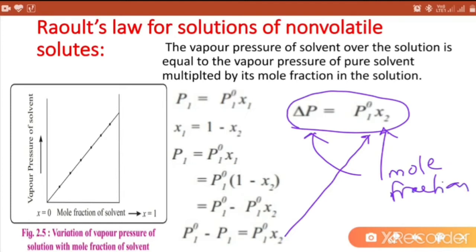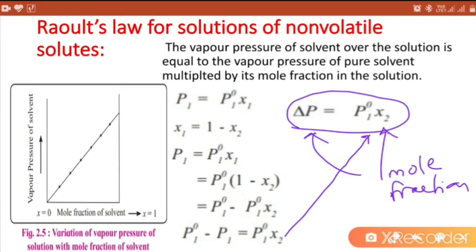It means lowering of vapor pressure depends on the value of mole fraction, which means the lowering of vapor pressure is a colligative property.